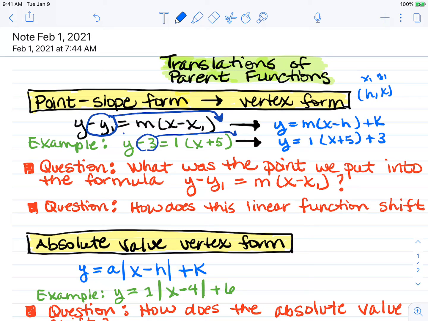Okay. So I have a couple of questions. The first one is, what was the point we put into the point slope formula, y minus y1 equals m times x minus x1?